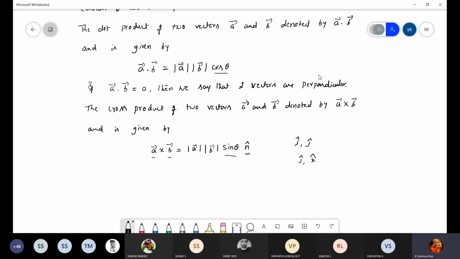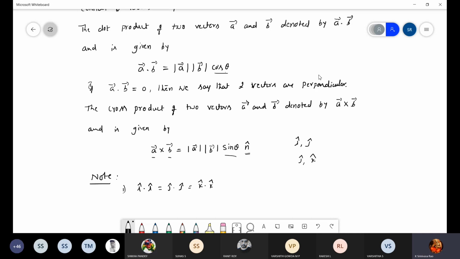Okay, next note. First one, I dot I equals J dot J equals K dot K. See, in all these three, what is the angle between I dot I? 0. Very good.